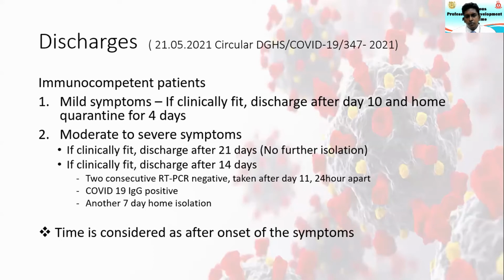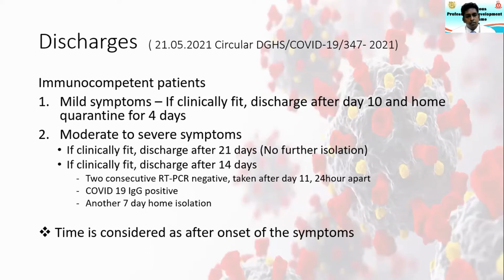If you want to discharge this patient at day 14, you can do so with one of the following: 2 consecutive real-time PCRs, where at least one should be done after 11 days and the second one 24 hours after that, or COVID-19 IgG positivity. Such a patient you can discharge in 14 days, but they need 7 days of home isolation.